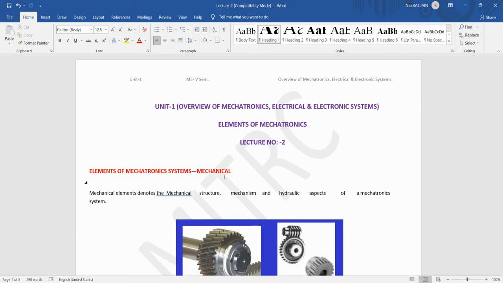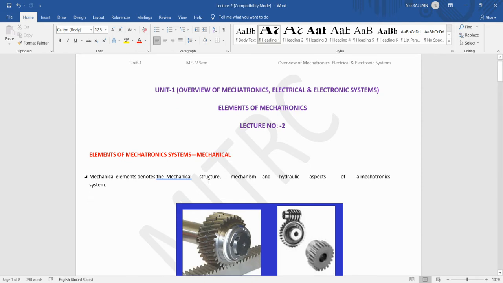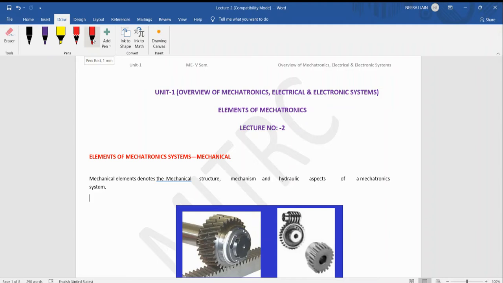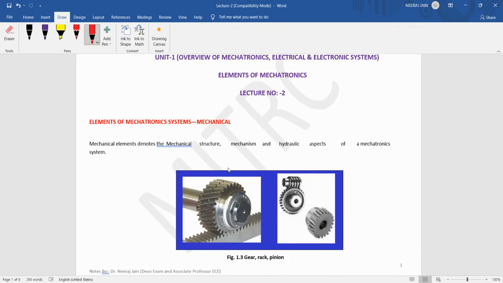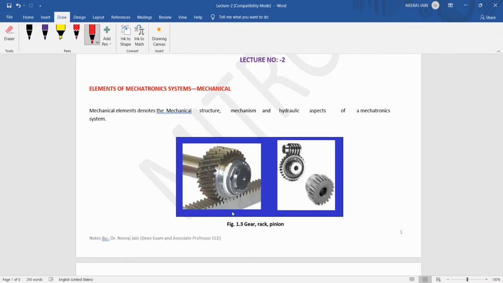In the last term, we have seen that the mechatronic system is the combination of mechanical, electrical, computer, and electronics. Here we see that first it is the mechanical element that is used in designing the mechatronic system.